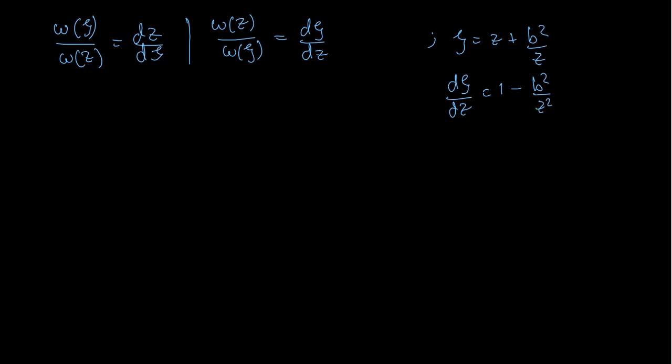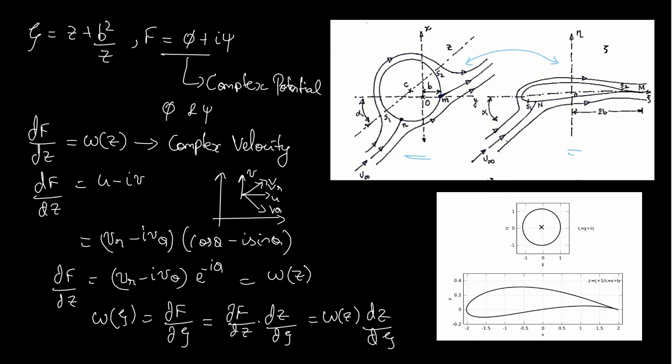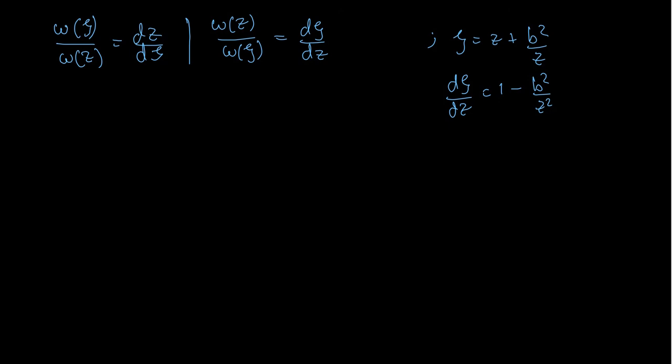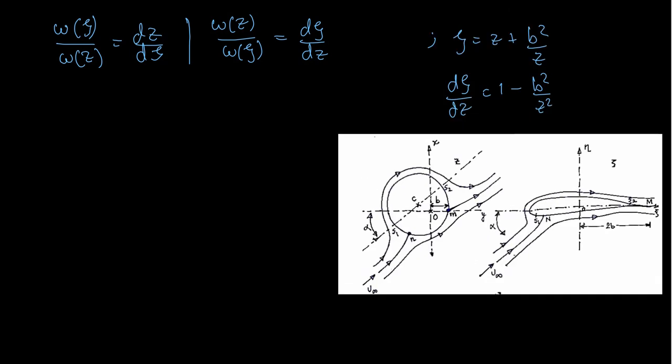Let me quickly bring the figure back here. From here we can say that because we know what d zeta by dz is now, we can write W of z by W of zeta as nothing but 1 minus b square by z square.